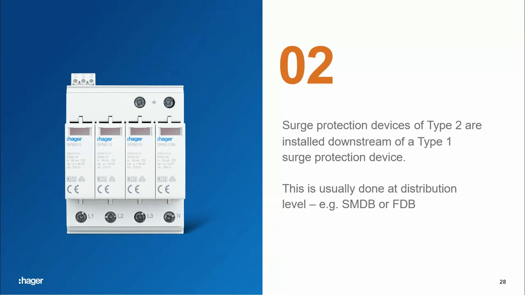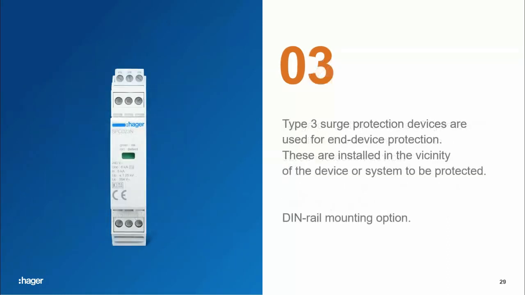They are usually installed at the distribution level, for example, in the sub-main distribution boards or even in the final distribution boards. Type 3 surge protection devices are used for end device protection as they face the 1.2/50 microsecond current wave. The ideal and best protection is guaranteed when you install all three SPDs in cascade.